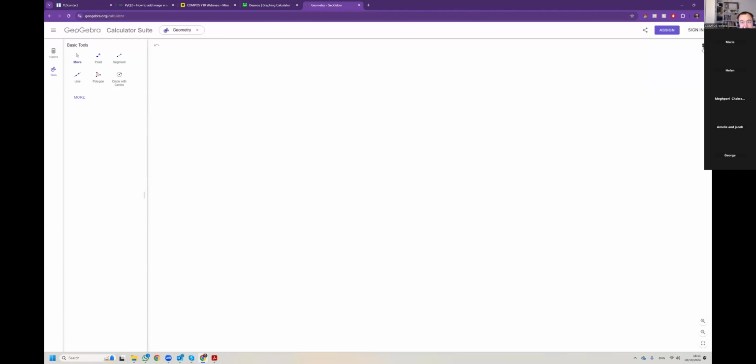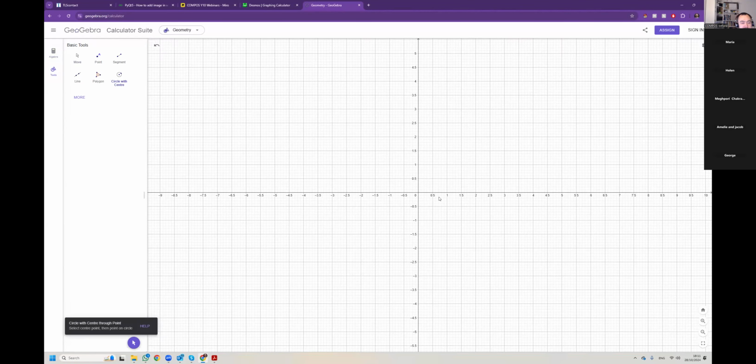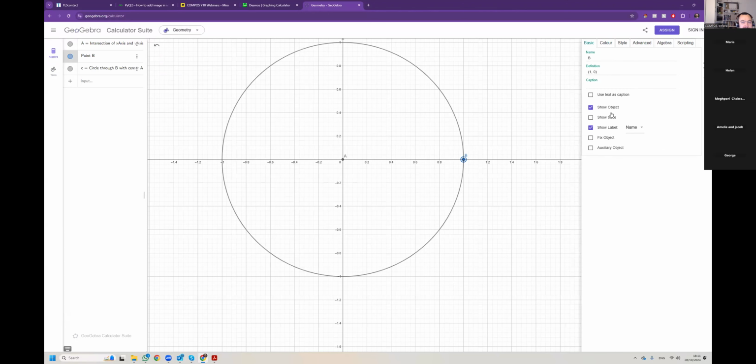Okay, so I'm in GeoGebra. This is a wonderful tool. And now the first thing I want to do is draw a circle. I can draw a circle just using this circle tool. So I draw a circle, center this, and radius. Okay, so B should be 1, 0.